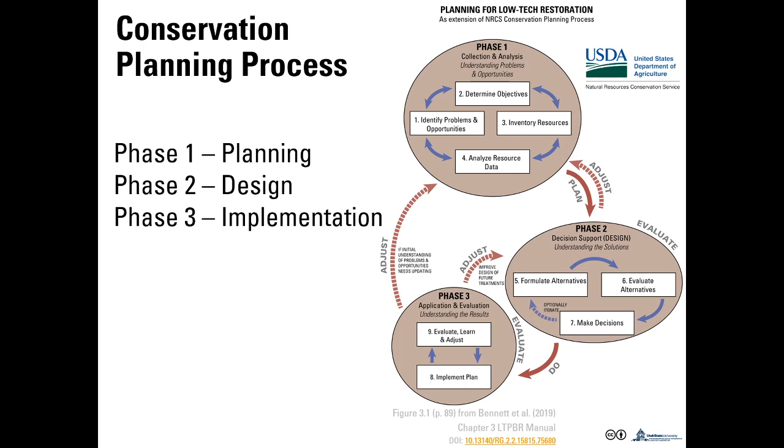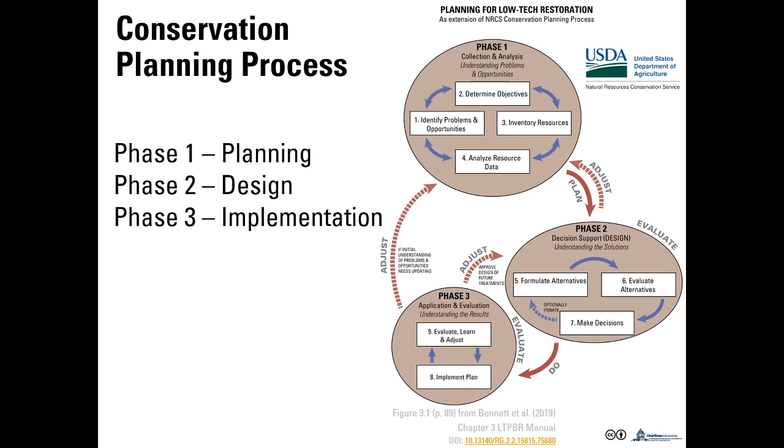And it's been organized into three buckets or three phases. Phase one is really that collection and analysis phase where we're trying to understand what the problems are and what some opportunities are, doing some resource inventory, discussing with the landowner and manager what some of the objectives and opportunities are on that land.